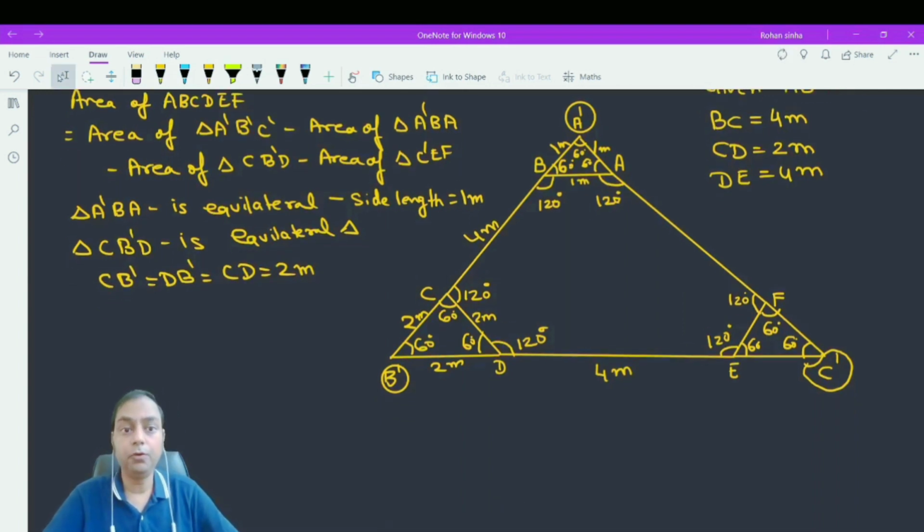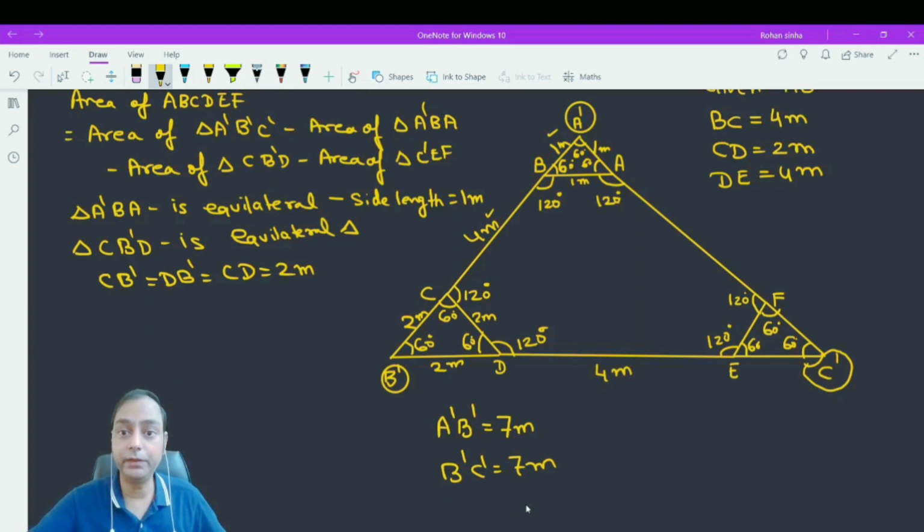So finally what can we say? The length of A dash B dash is how much? This is 1 plus 4 is 5, and 5 plus 2 is 7 meter. And what about the length of B dash C dash? It is also 7 meter, because A dash B dash C dash is an equilateral triangle.